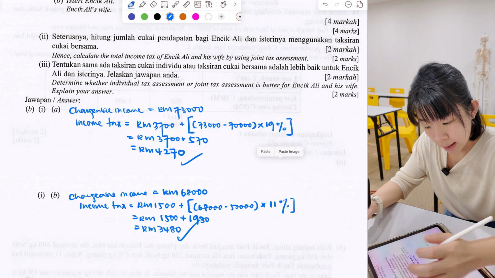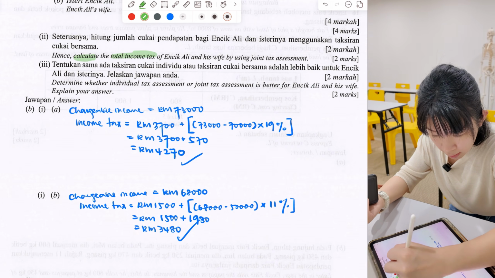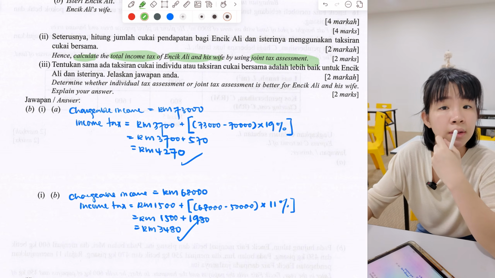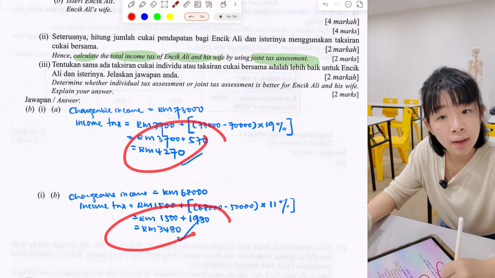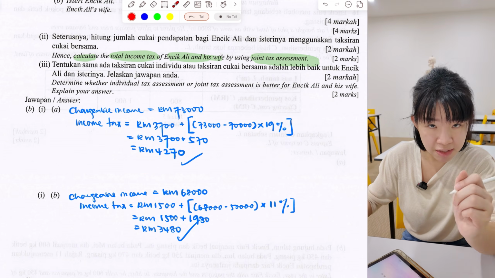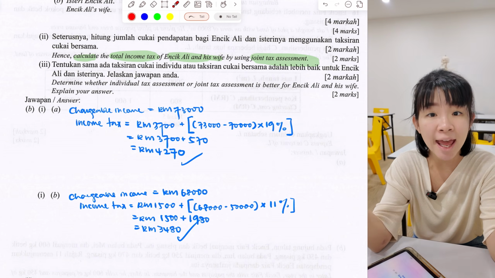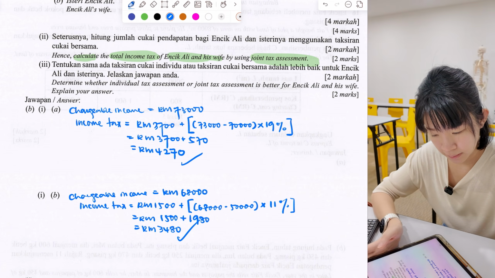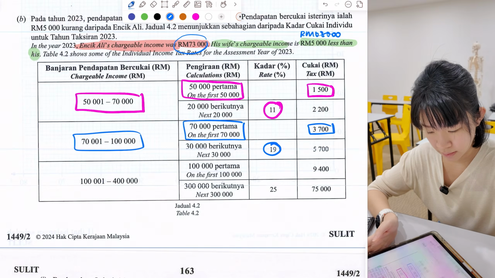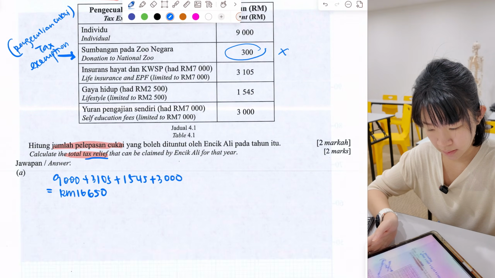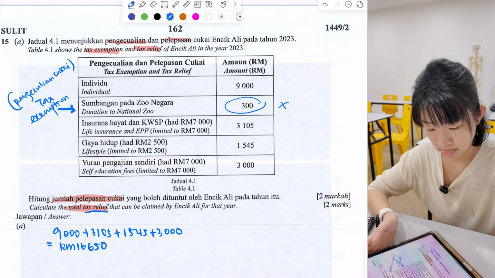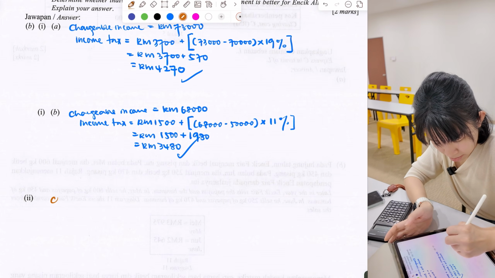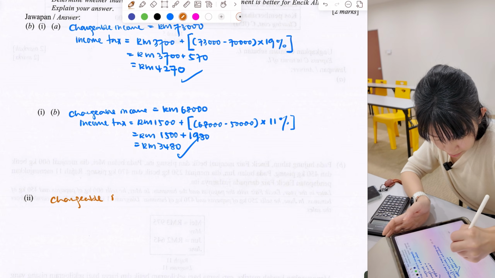Okay, part 2. Hence, calculate the total income tax for both of them by using joint tax assessment. Okay, those were separate. What if we use joint? Joint means the chargeable incomes are added together.